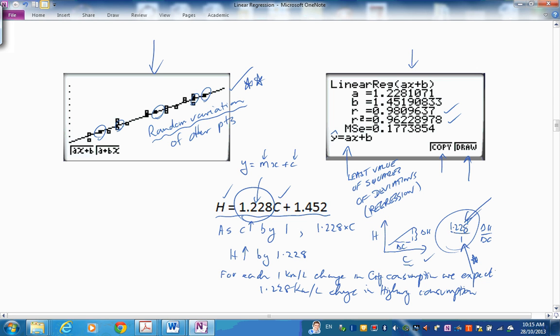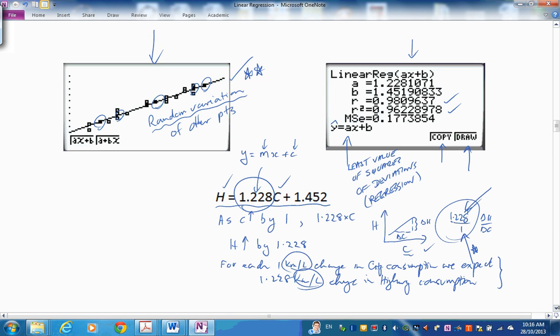You can make this a generic statement: if you change the independent variable by 1, then the dependent variable will change by whatever the slope is. And don't forget the units. This is in context. This is modelling now. We're trying to actually apply our mathematics to a practical situation, called modelling. All right, do you get it?